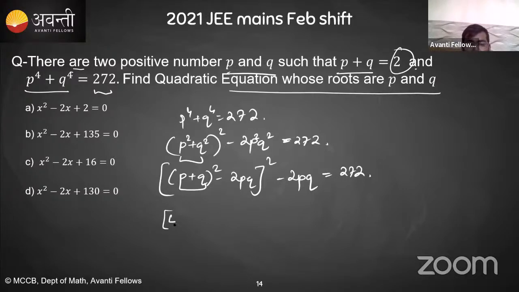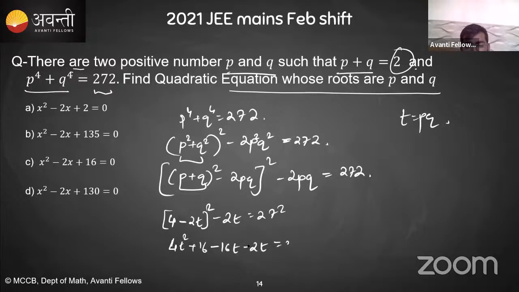So can I write here 4 minus, taking t equals pq, 2t whole square minus 2t equals 272. So this will become 4t square plus 16 minus 16t minus 2t equals 272.